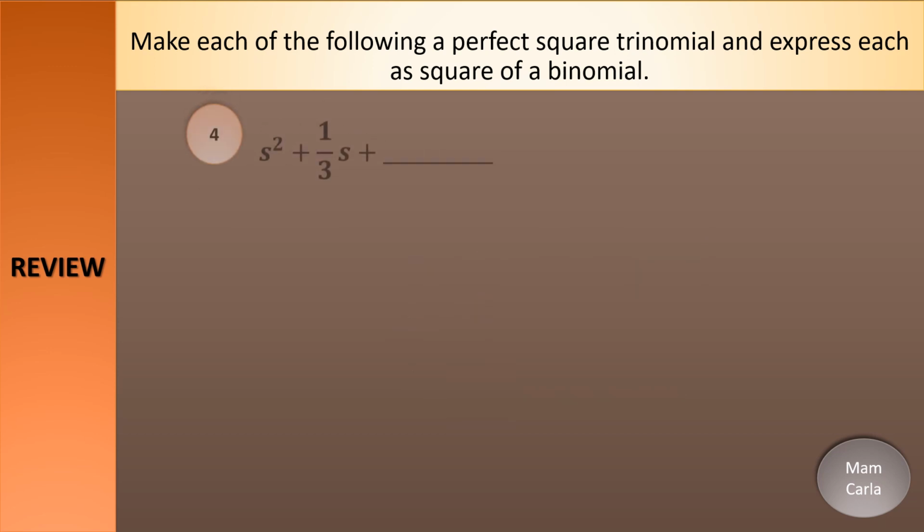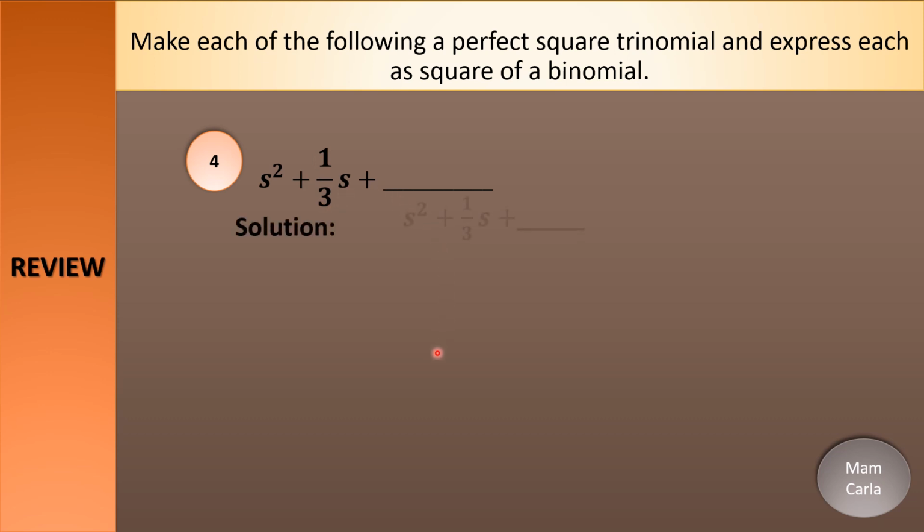Now let's deal with the fourth example. s squared plus 1/3 s plus blank. So for the solution, we get the square root of the first term, which is s, and then we multiply s by 2, and that is 2s, and that will be the divisor for the middle term. We have 1/3 s divided by 2s.